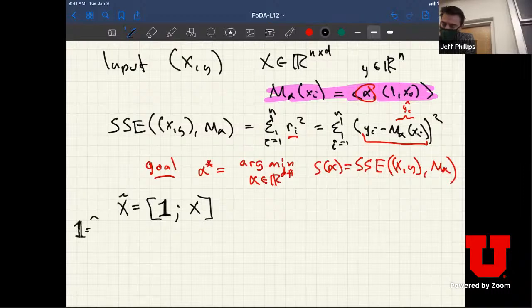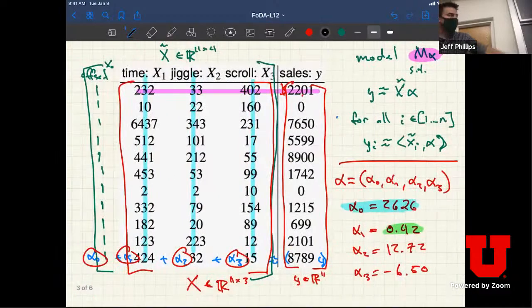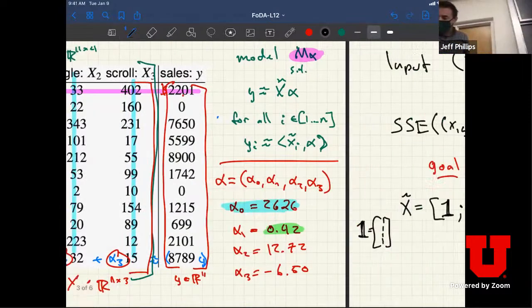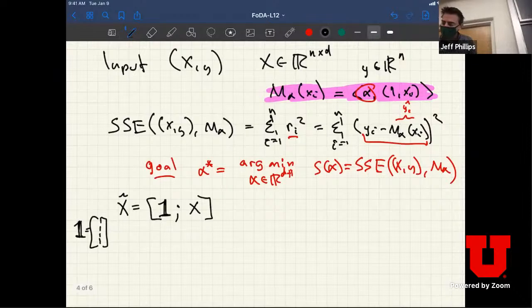This is the all ones vector, this green column of all ones in front here. I get this X tilde matrix, which is now in R^(n times (d+1)). So I've expanded the dimensionality by 1, and that's good because alpha, my goal, is in R^(d+1). Those are the same.